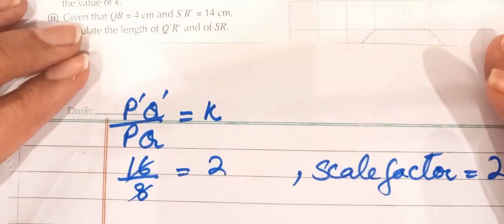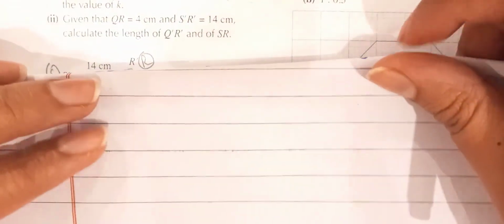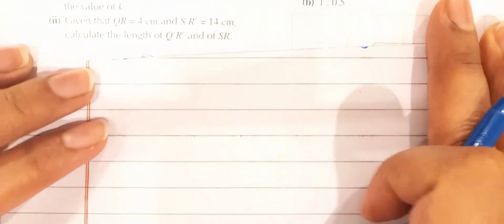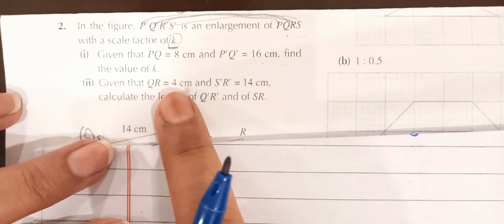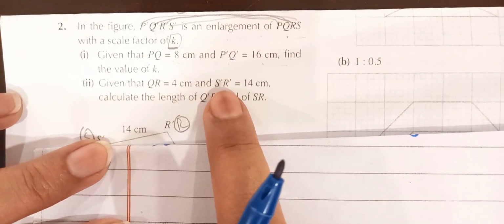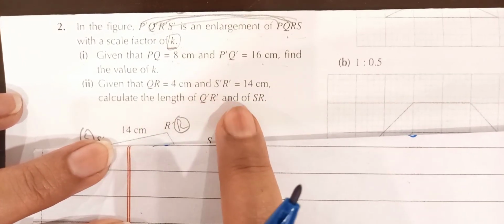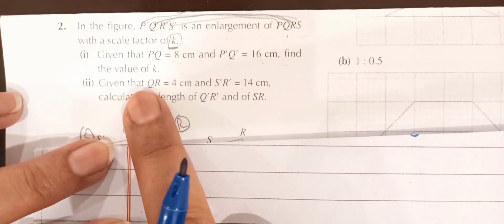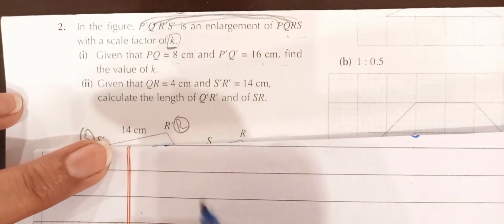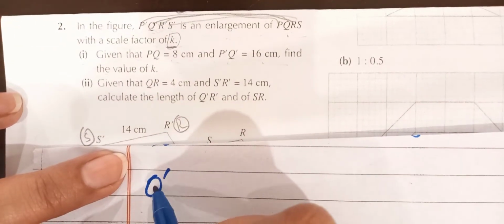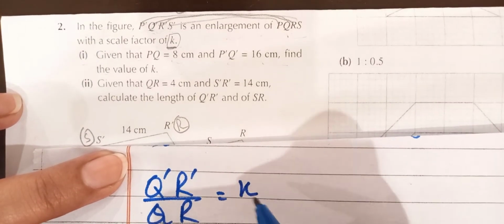Now we have found out the scale factor. Now we use the same scale factor in the rest of the parts. Part 2 is, given that QR is equal to 4 and S dash R dash is equal to 14, calculate the length of Q dash R dash and SR. Now QR is given and they have asked us the value of Q dash R dash. So we shall write down Q dash R dash over QR is equal to K, which is the scale factor.